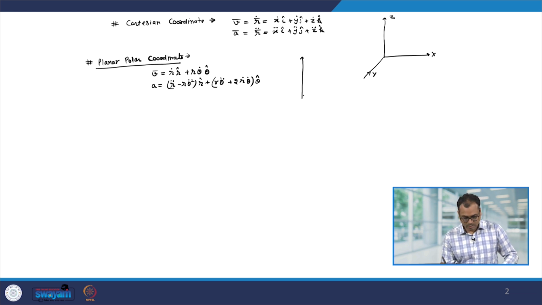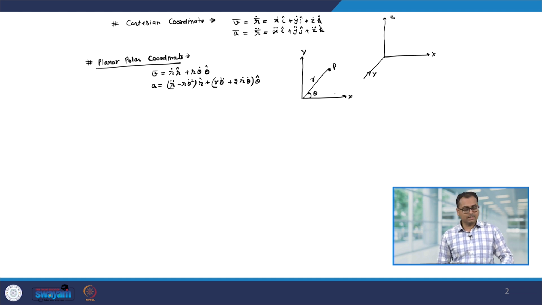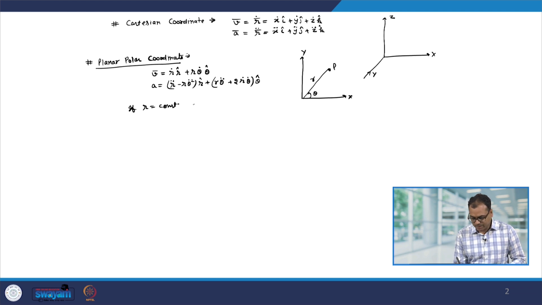Here let us say this is the x axis, this one is the y axis, then we have some point P. So, this is your r and the angle that it makes from the x axis is theta. We also saw that if r is constant, then it becomes circular motion.